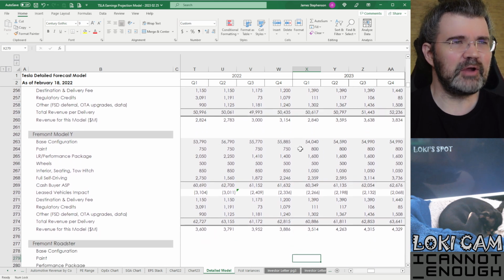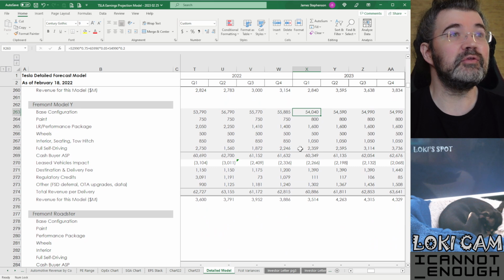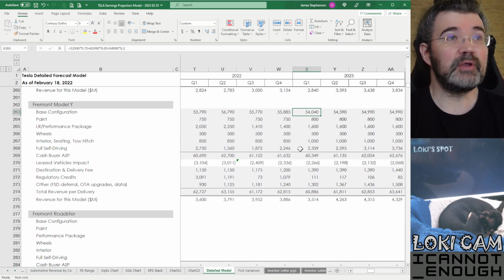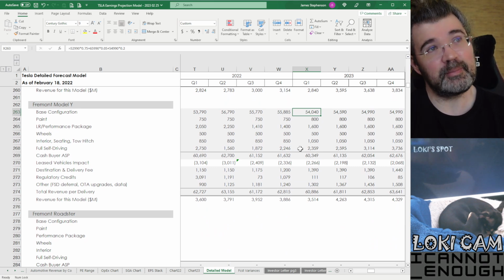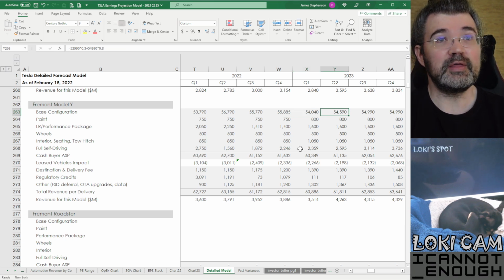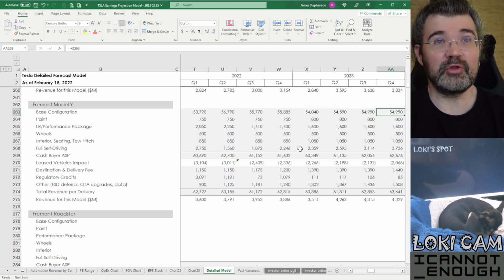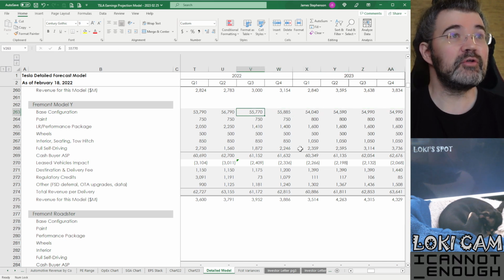All right, next is the Fremont Model Y. So this price is now $52,990, and I think Tesla has bumped it up a couple of times from there since I did this forecast. So for the rest of the year, we probably will see these bump up a little bit more. My assumption is $54,990 by Q3, and sustaining that in Q4. What was it last year?